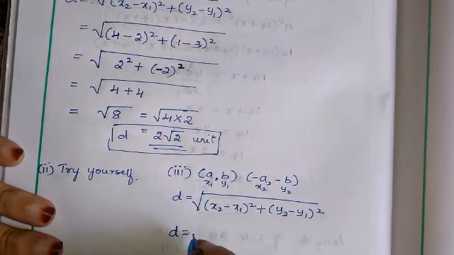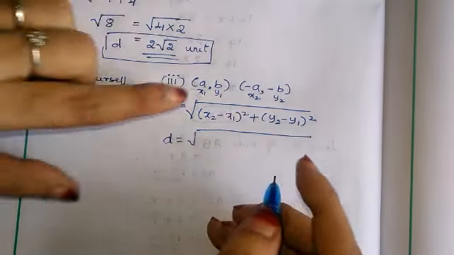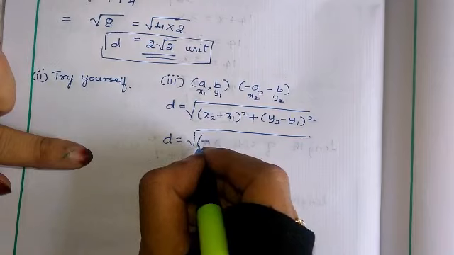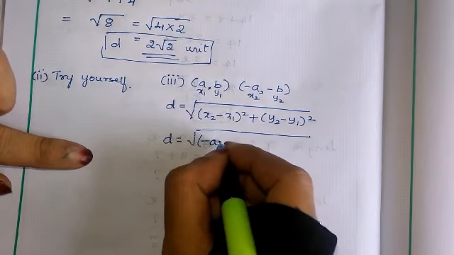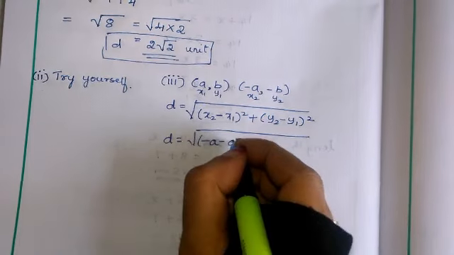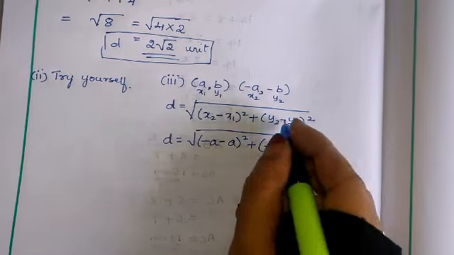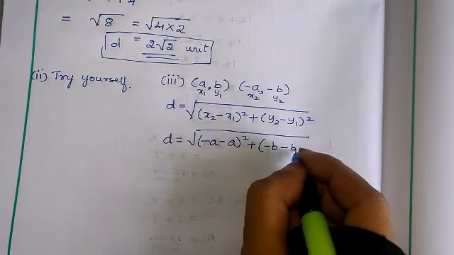So d is equal to root of x2, which is minus a, minus x1, which is a, whole square, plus y2, which is minus b, minus y1, which is b, whole square.